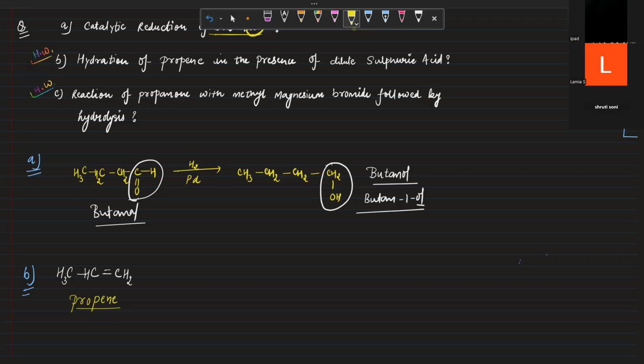Now we are discussing the B question. Is this propane or butane, because there's four total carbons? Butane plus carbonyl is butanal, with al at the end because this is an aldehyde group.